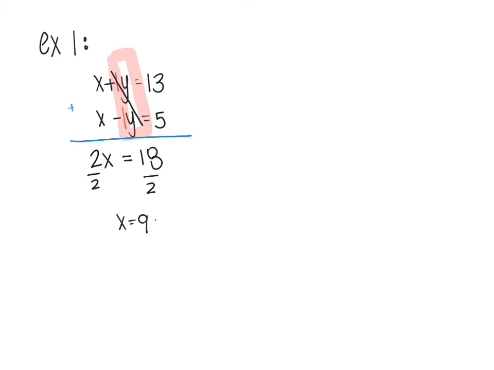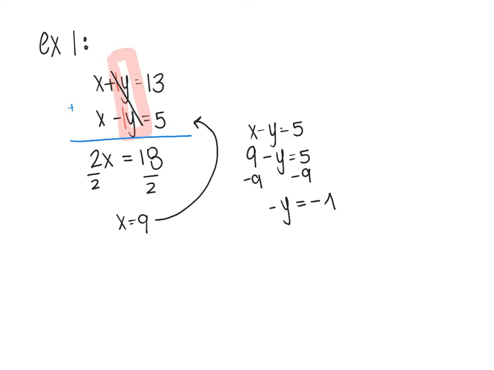I'm going to plug it into the second one. So I'll have x minus y equals 5. I want to plug in 9. So I'm going to subtract 9, get negative y equals negative 4, divide by negative 1, get y equals 4. So my final solution is the point (9, 4).